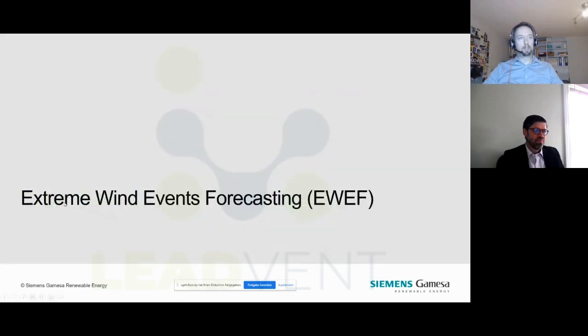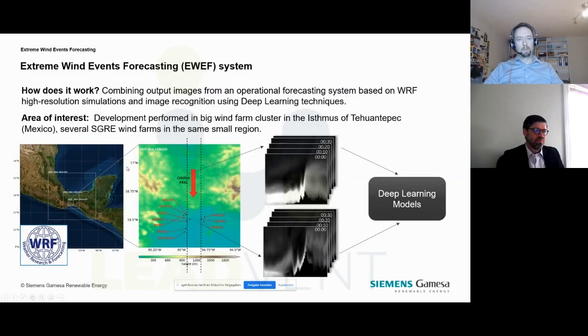Now we want to speak about what we call the extreme wind events forecasting system. And this system is based on a pipeline, which has several steps. The first step is WRF. The WRF system, which is our operational weather forecasting system, makes use of numerical weather prediction models, and we are creating simulations for the region of interest.